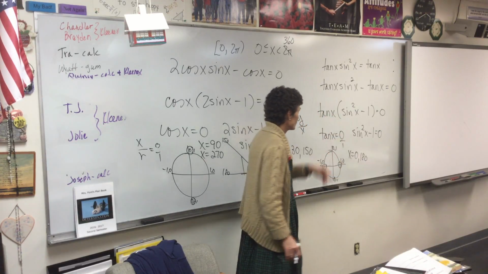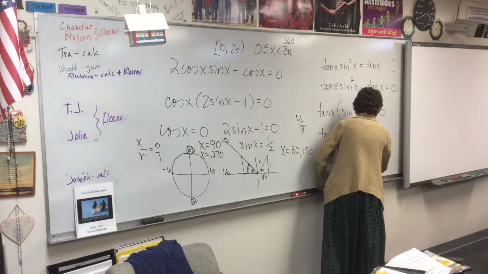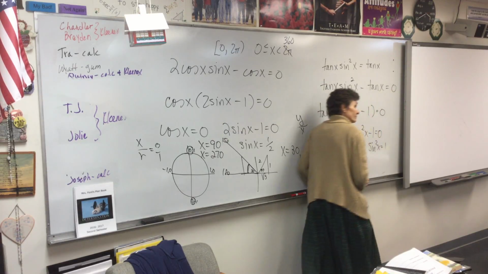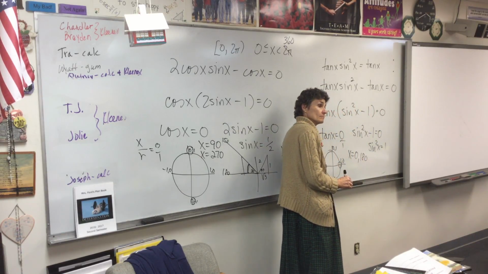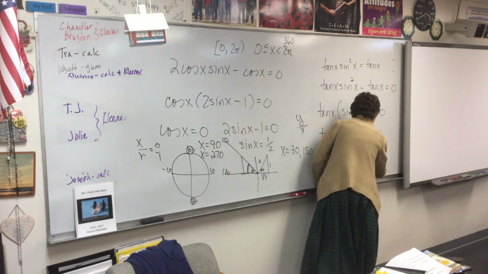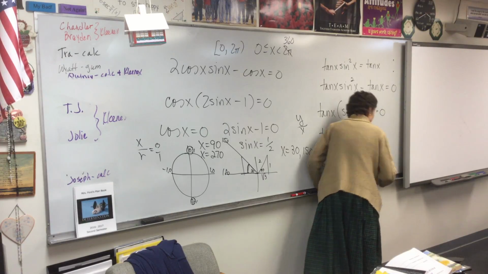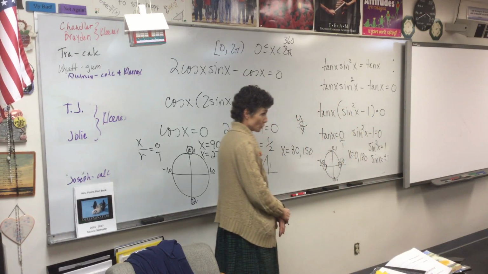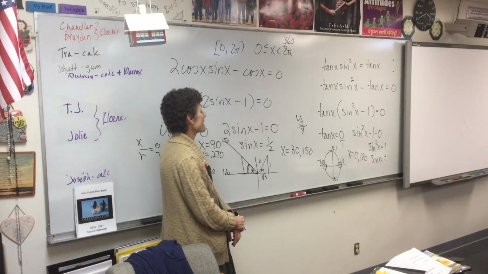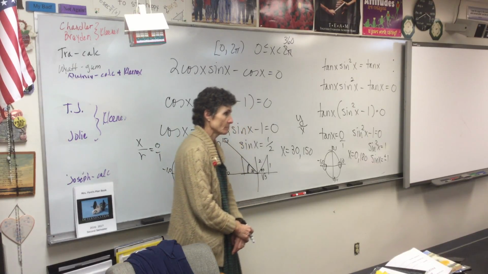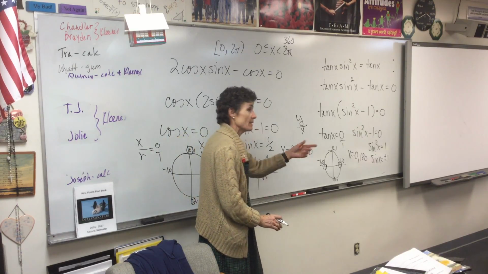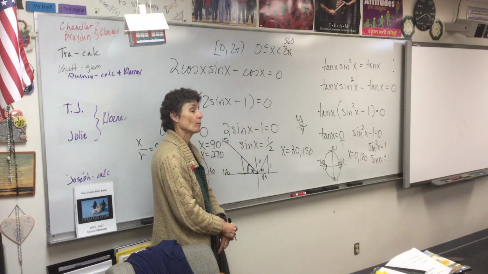Okay, let's finish it. We're almost there. Sine squared equals 1. Right? Which means sine equals plus or minus 1. Would you agree with that? Right, where does that happen? The square root of 1. Well, yeah, that's how I got plus or minus 1. I square rooted it.